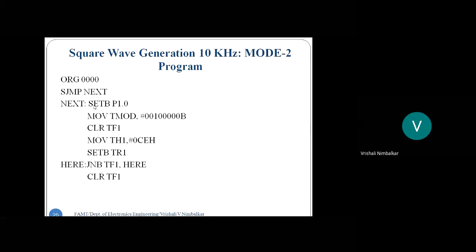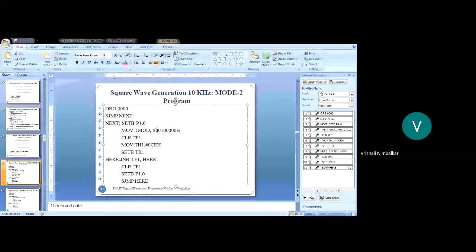So I initially sent logic 1 on P1.0 and we waited for 0.05 milliseconds. That 0.05 milliseconds was generated by timer 1 mode 2. And once the flag bit is set, meaning 0.05 milliseconds are over, let me clear the overflow flag, and now I need to clear P1.0. So just let me change this. I need to CLR, clear that P1.0.